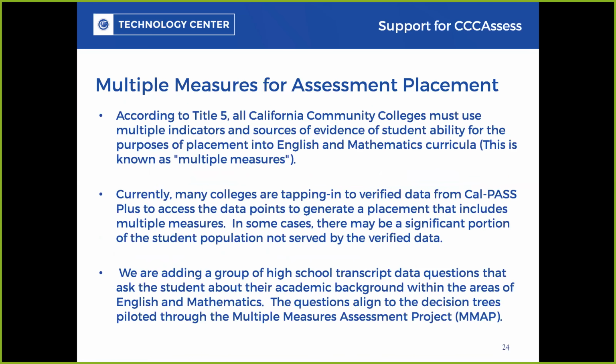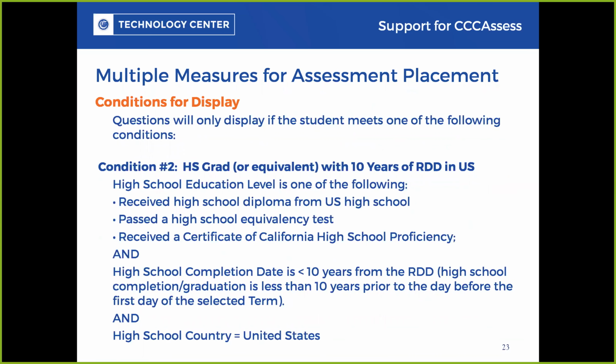So getting back to this real quick, the 2 conditions, because this came up. Even if you implement this, it's not going to show up. About a half dozen colleges said, you said it was going to be in there and it's not, I don't see it. Your student answering the questions has to meet one of 2 conditions.